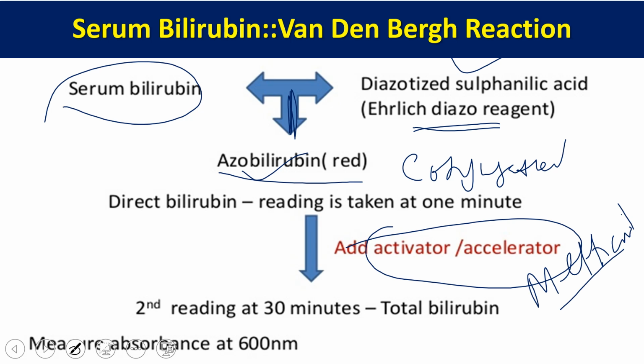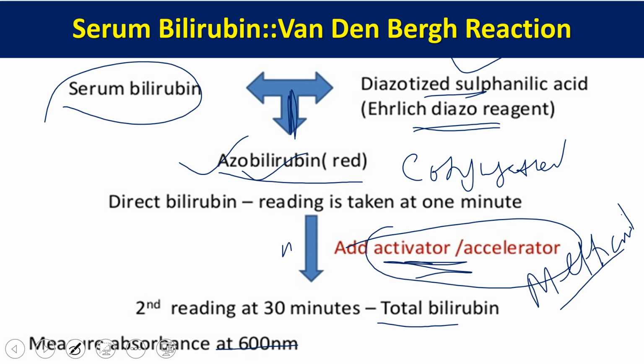This organic solvent solubilizes the indirect or unconjugated bilirubin and makes it water soluble, and then the unconjugated bilirubin, which has become soluble, reacts with the reagent and gives color. So the color will be intensified. Whatever color was there, if unconjugated bilirubin is present, the color will be more intense after the addition of the activator, because now unconjugated bilirubin also reacts. That color we measure at 600 nanometers.